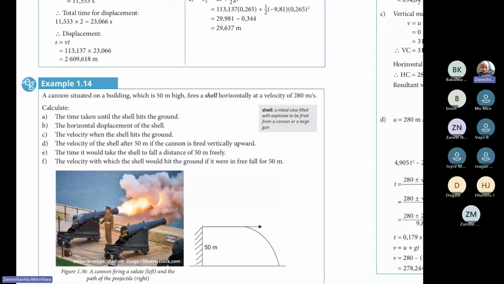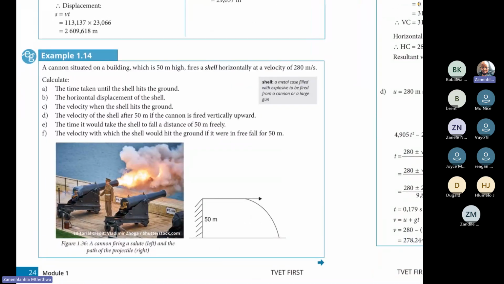A cannon situated on a building which is 50 meters high fires a shell horizontally at a velocity of 280 meters per second. Find the time taken until the shell hits the ground.